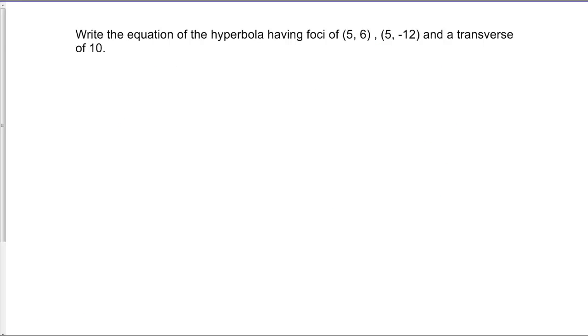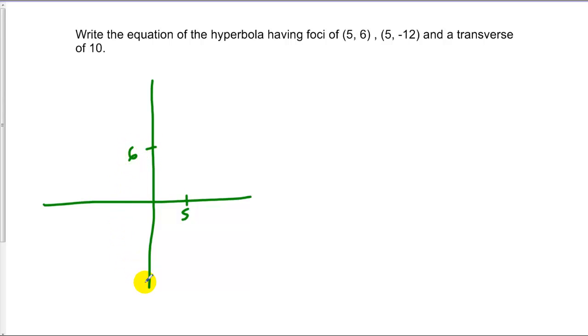Let's do the same now, knowing that I have foci of 5 and 6 and 5 and negative 12. Let's call this 5, call this 6, and this negative 12.